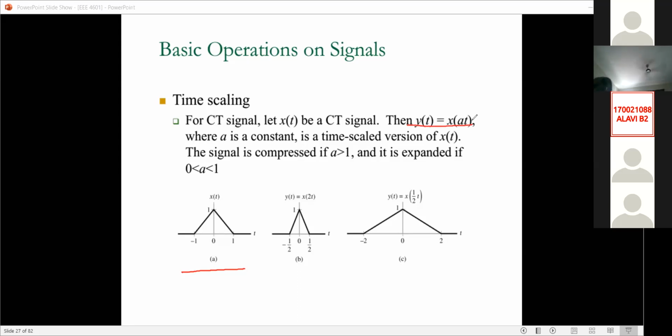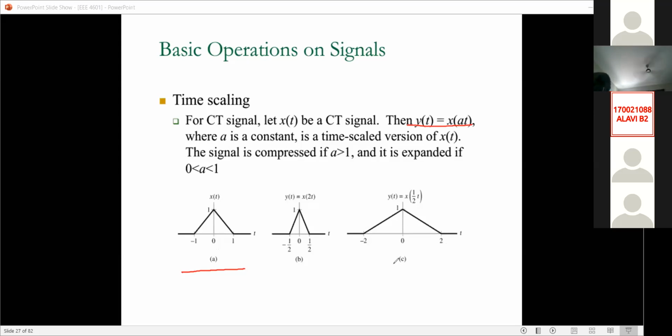A is a general multiplier or a scaling factor in time. It can be greater than 1, it can be positive, it can be negative, or it can be 1, okay?